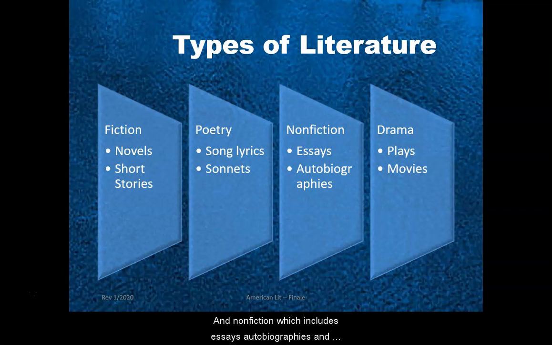And nonfiction, which includes essays, autobiographies, and anything that is not fiction. And finally, drama, which includes plays and movies. We did not study any drama in this class because the drama of early American literature is not particularly worth reading.